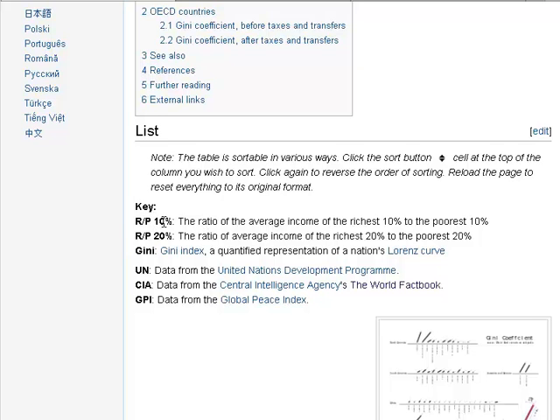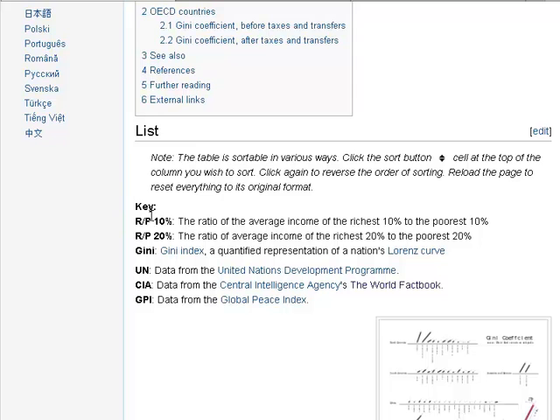One thing is R/P 10, the ratio of income of the richest 10% to the poorest 10%. In a very unequal society, R over P, the rich over the poor, you'd expect the top 10% to have way more money, so R over P would be very big.